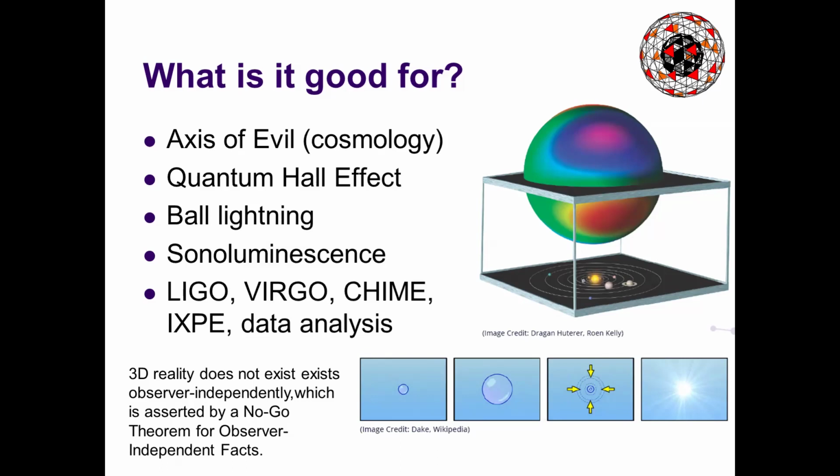Another example would be the quantum Hall effect with its strange plateaus, or ball lightning, another unexplained physical phenomenon. Perhaps also sonoluminescence, another interesting phenomenon in which bubbles containing vapor suddenly collapse, emitting light.